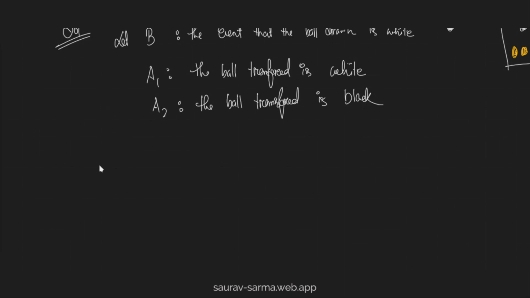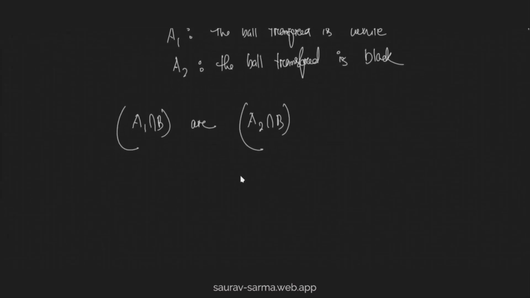So we need either A1 intersection B, where the transferred ball is white, or A2 intersection B, where the transferred ball is black.